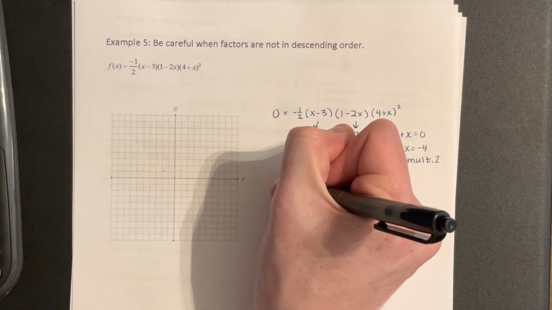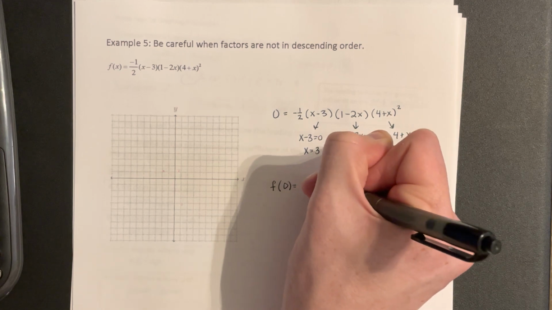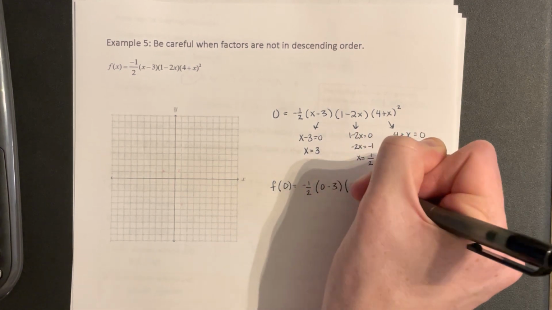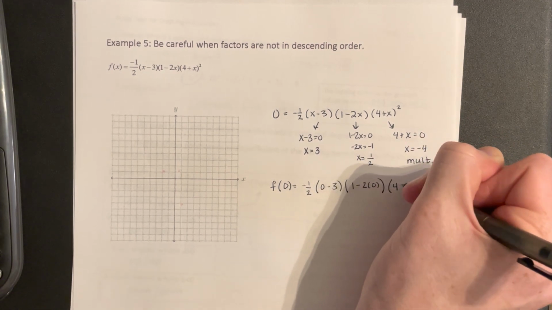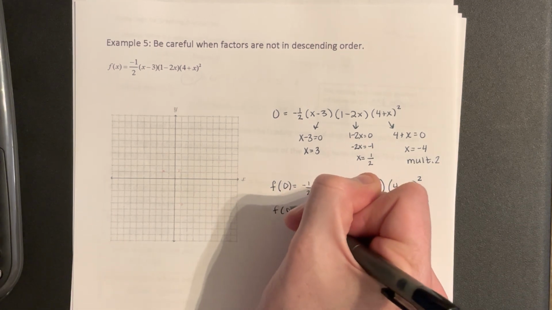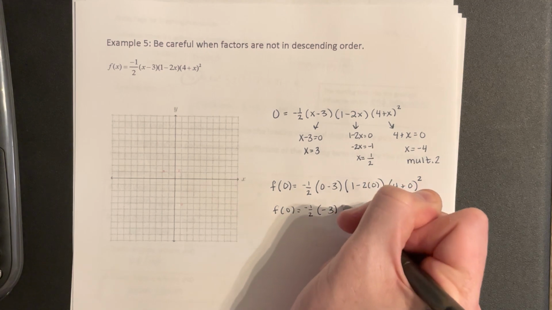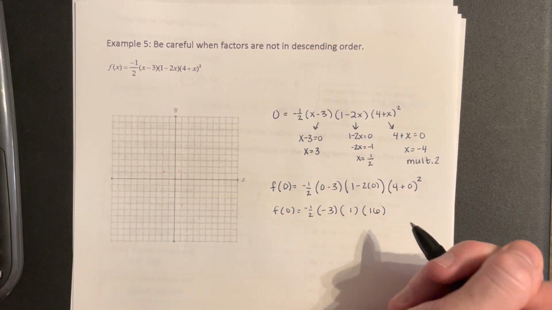If we found our y-intercept, f of 0, negative 1/2 times 0 minus 3 times 1 minus 2 times 0, and then 4 plus 0 squared. And 4 squared, 16.